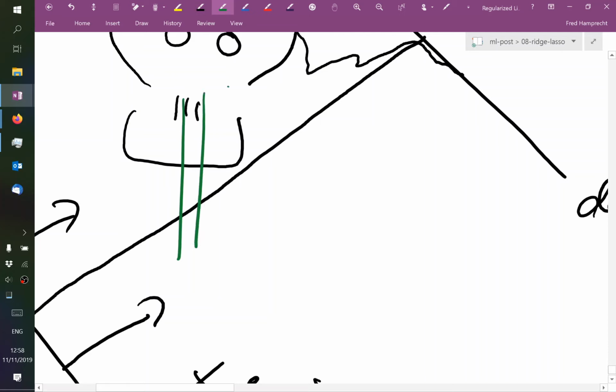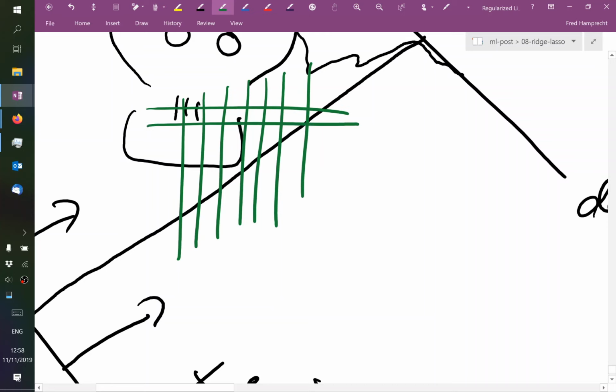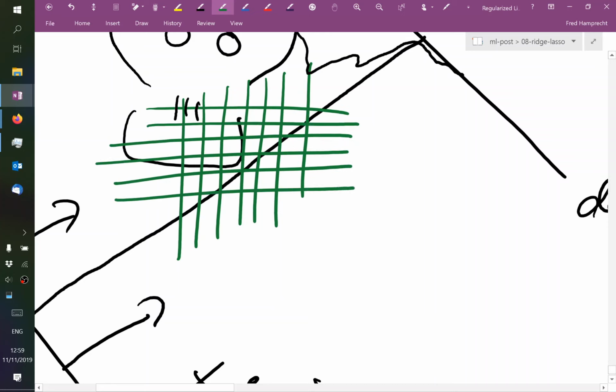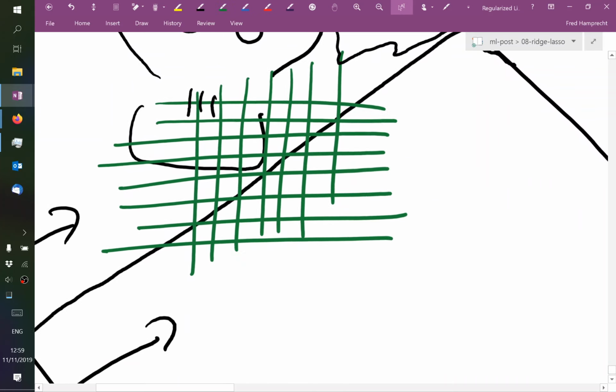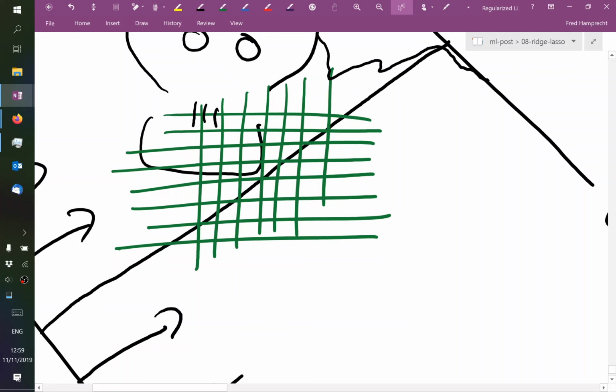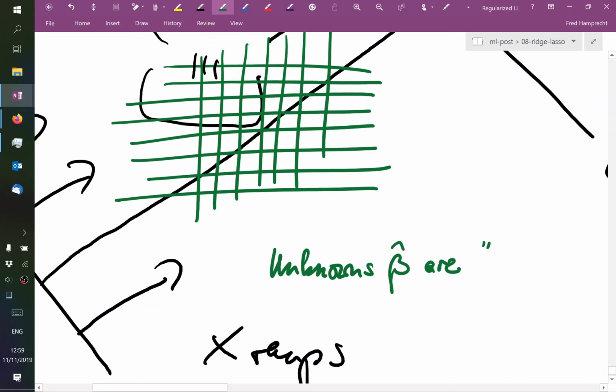So let's say these are the pixels of the medical image that I'm trying to reconstruct. Then the unknowns, beta hat, are the absorptivities, or let me call it here, the intensities of single pixels.